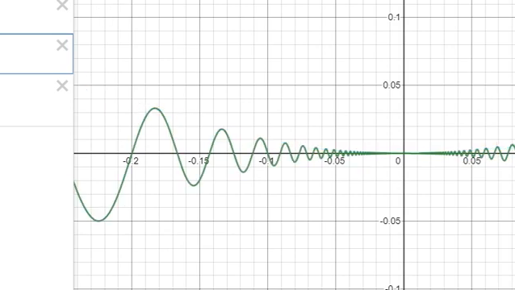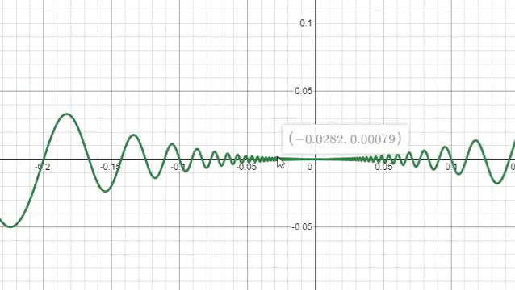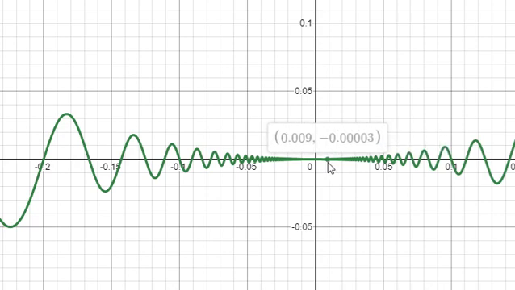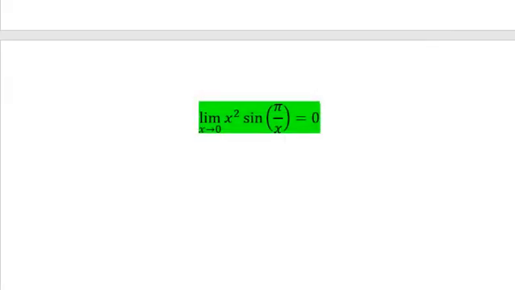And if we wish to approach 0 from the left, we see that the closer we get to 0, the closer our function returns 0, even though the function is not defined for x equals 0. When approaching from the right, the answer returns a value of 0. So that will be our answer.